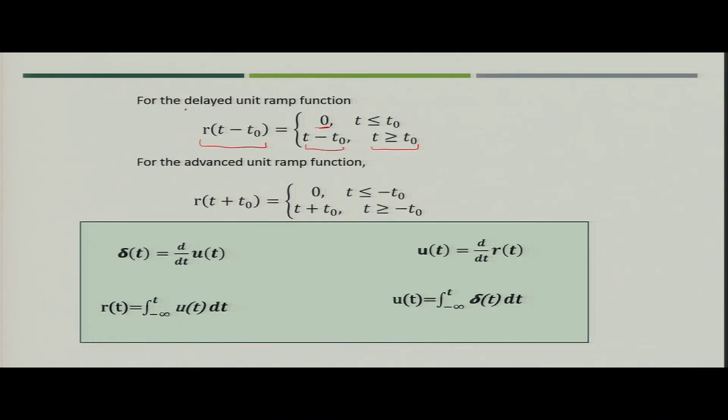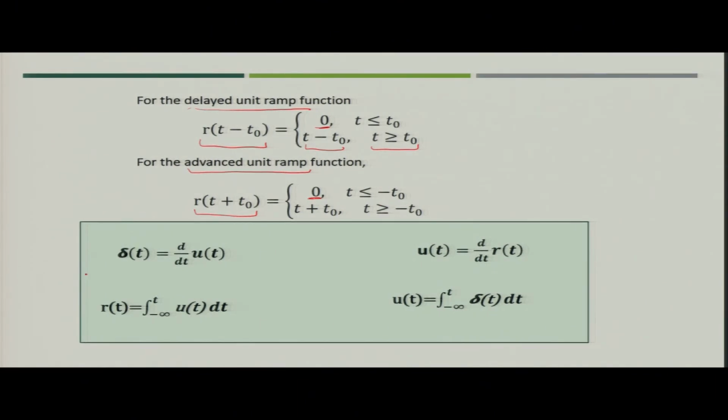When you define the advanced unit ramp function r(t plus t naught), the value is 0 when time t is less than or equal to minus t naught, and it is t plus t naught when time t is greater than or equal to minus t naught.